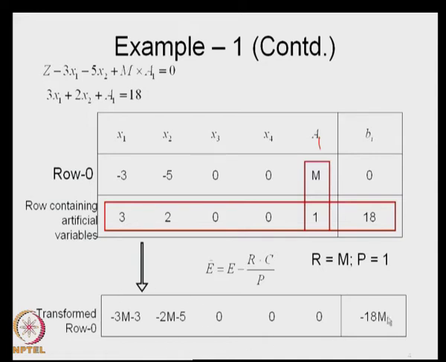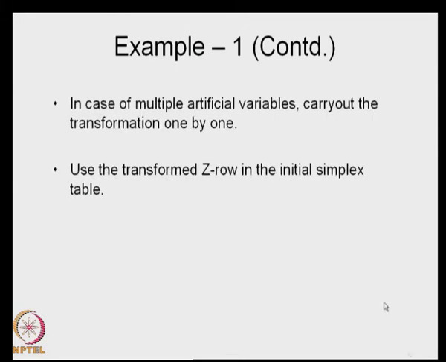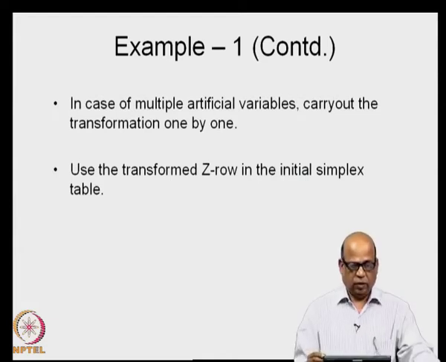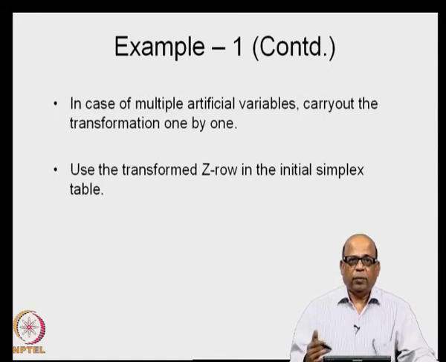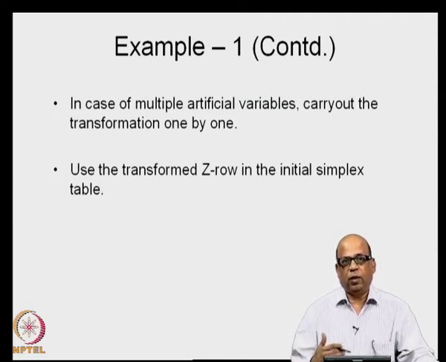Now, this is what we use in the first table of the simplex algorithm. So, the transformed row is what we will use in the first table of the simplex. As I mentioned, if you had more constraints of the type greater than or equal to, you would have more artificial variables.